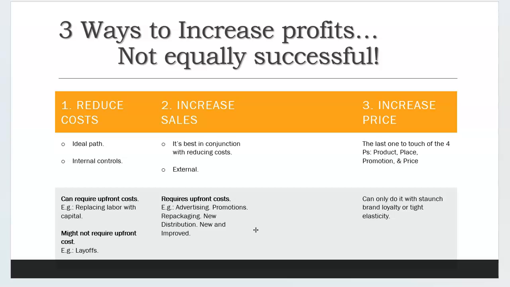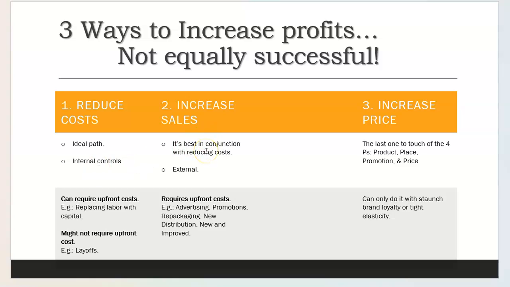So what you end up doing is spending money on things like advertising, promotions, repackaging, new distribution channels, new and improved formulas. You can see how any of these efforts are going to require upfront costs. And so we're definitely looking here at, if we reduce costs, we may or may not have to come up with upfront costs, and the outcome is more guaranteed.